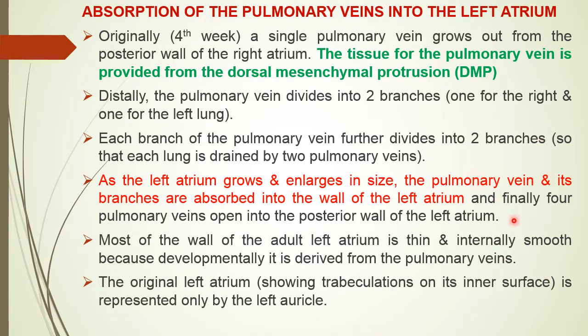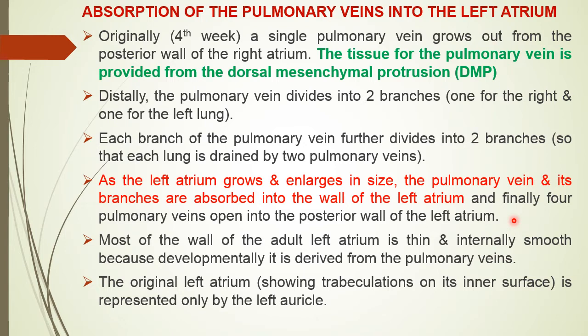And finally, most of the adult left atrium consists of the absorbed pulmonary veins, and the proof for that is that its wall is thin, and the internal surface of this wall is smooth, does not show any musculi pectinati.